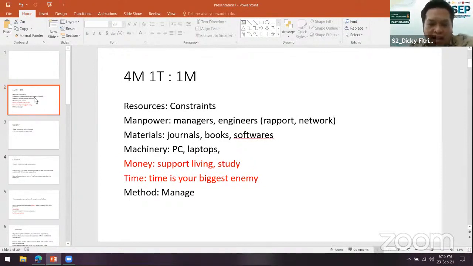Better instead of discussion with our professor, what do you think if we are talking also to our leader? Leader means my supervisor in my working place. Okay, what do you think?